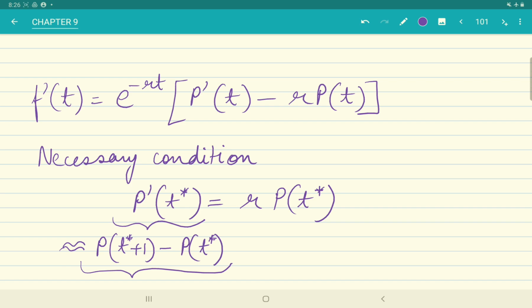So that means we can say that what is this? This is the interest you would obtain over this time interval, which we have considered to be really, really small, when you invest amount P of T star at interest rate R. So that is R multiplied by P of T star.